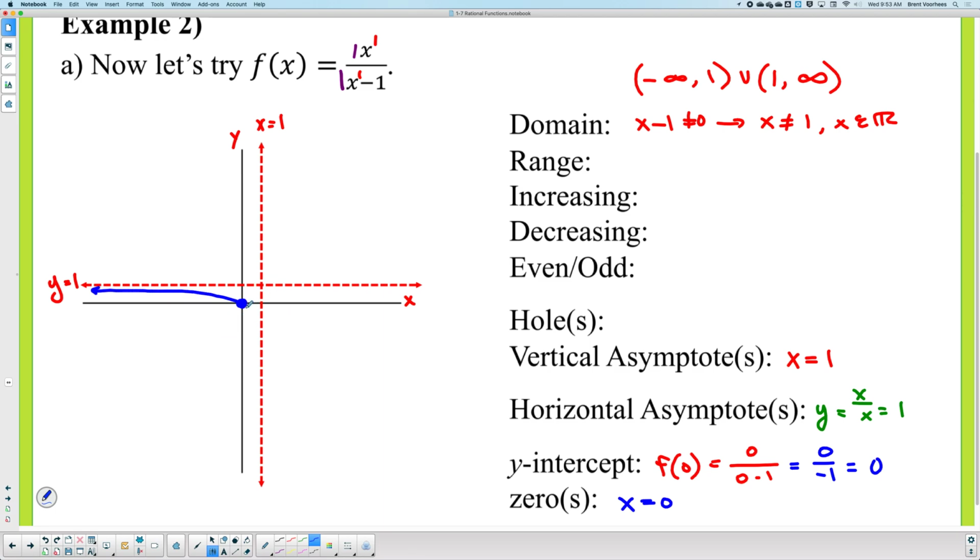This is how you graph this without a calculator, which you are responsible for on the test. I'll have you know. So I have this piece. Because this is an odd power, the other piece would reflect this way. Like that. And so that's how this graph would look.